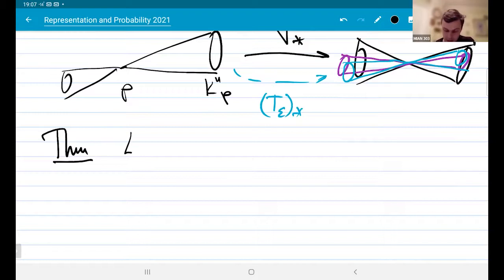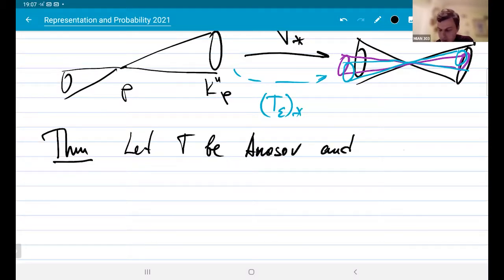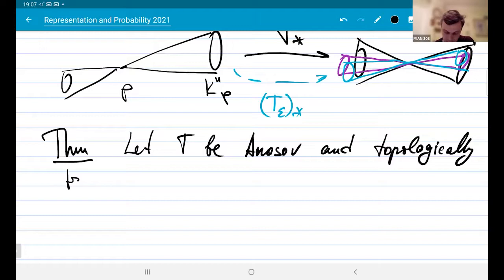Let T be Anosov and topologically transitive. The latter means that if you want to go from the neighborhood of one point to the neighborhood of another, then it is always possible.